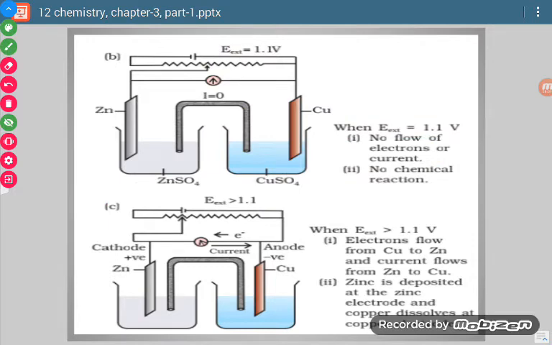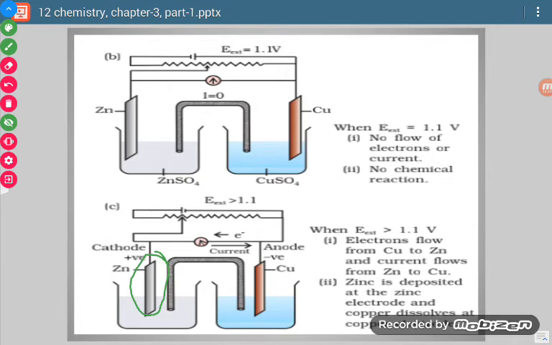Now if we increase the external potential than cell potential, then what will happen? Then reactions will start, but those reactions will be reverse as expected earlier. Okay. Now what reverse means? Reverse means previously this was decaying or it was undergoing oxidation. Now what will happen?